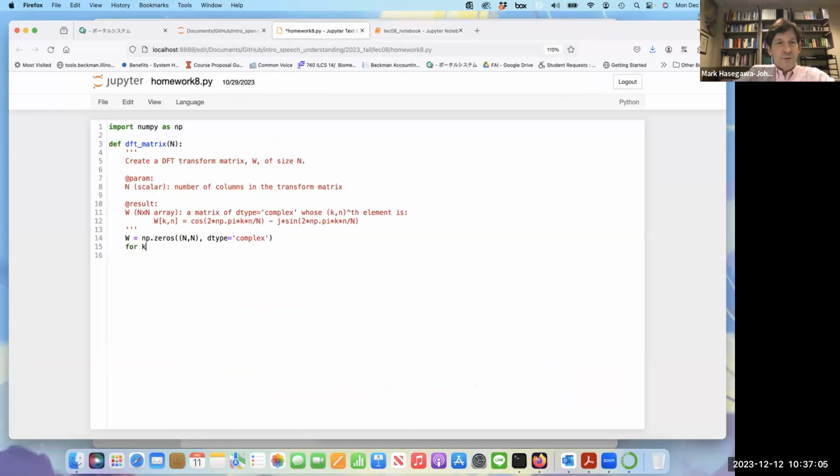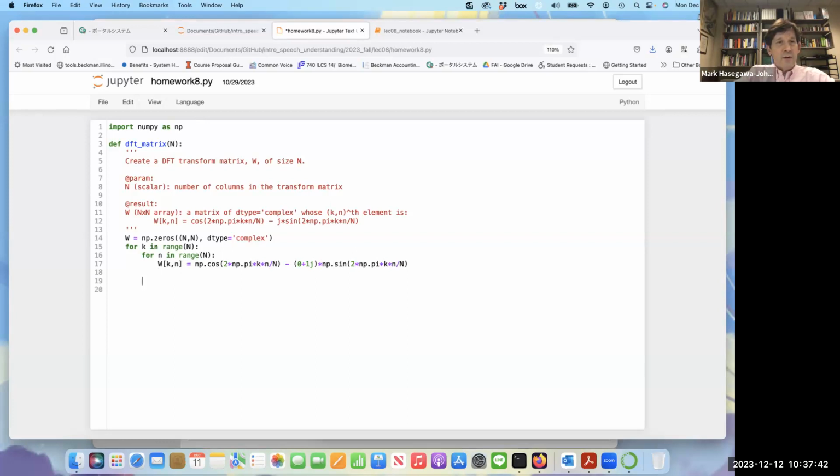And then we want to have for k in range capital N, for n in range capital N, we want to create W of k comma n equal to the cosine of 2 times pi times k times little n over capital N minus 0 plus 1j times the sine of 2 times pi times k times little n over capital N.